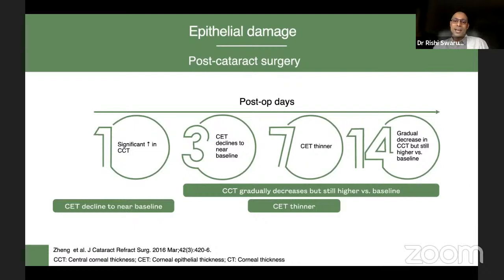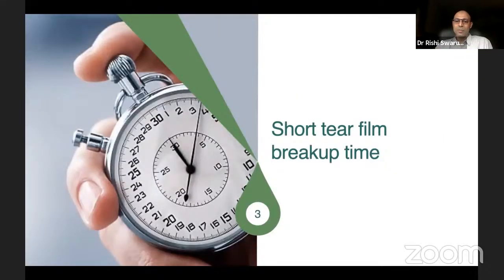And because of that, you can have the surface getting affected, the tear surfacing could get affected because of that. There could be irregularities which can again manifest as dryness. We all know that tear film breakup does reduce after any surgical intervention in the eye. And my personal take on this is that it could be because of two factors. One is the inflammation from the surgery itself and the drops that we are using.